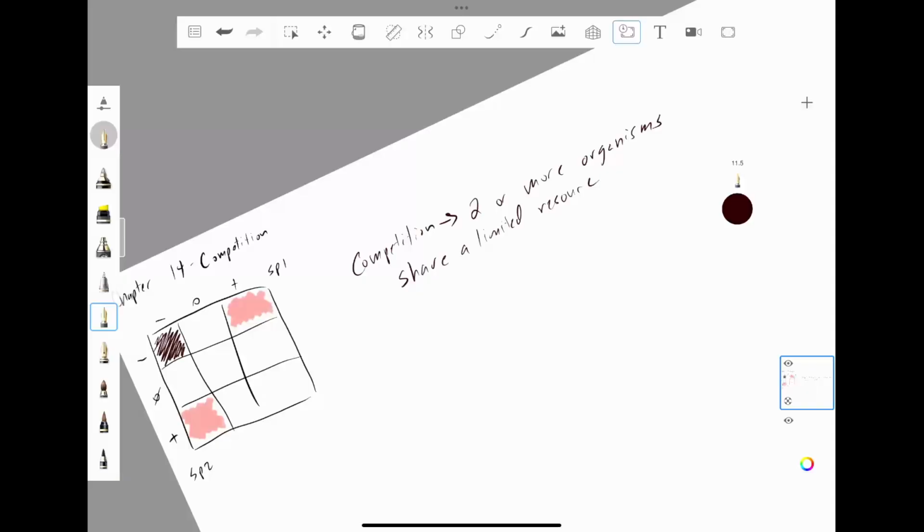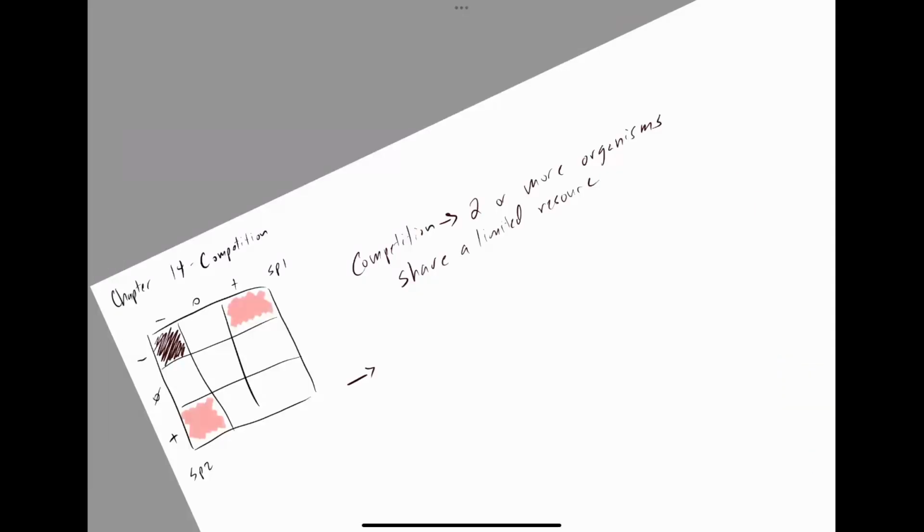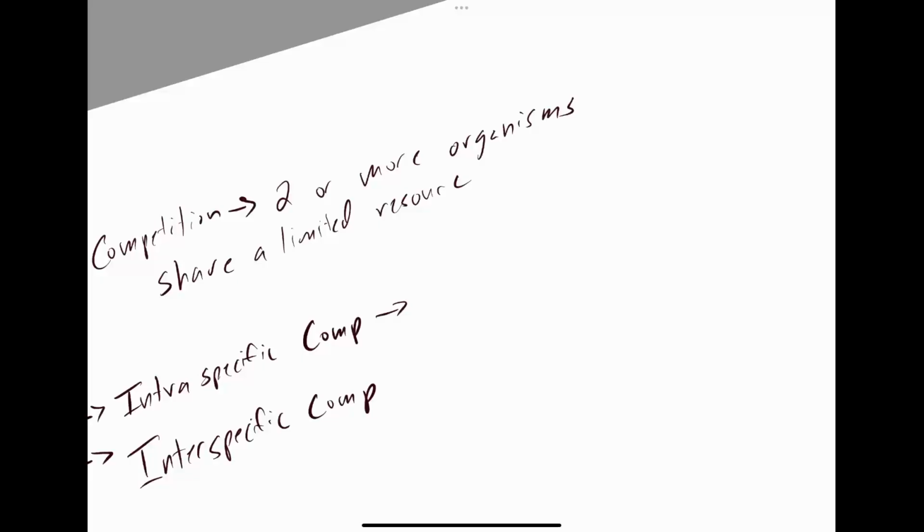And I want to make sure we differentiate between two key kinds of competition. There's intra-specific competition and inter-specific competition. Intra-specific competition happens within one species.